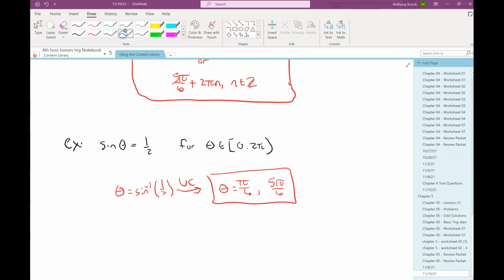What if we had changed this to be, say, what if we wanted everything between negative 3 pi over 2 to 7 pi over 2?